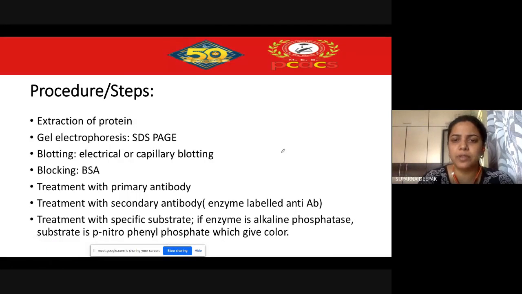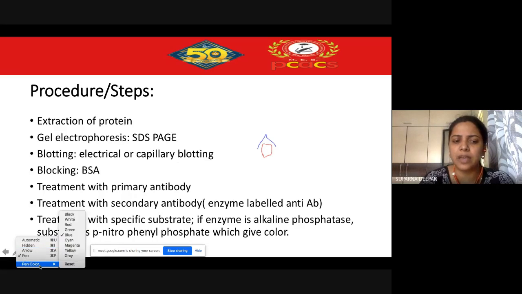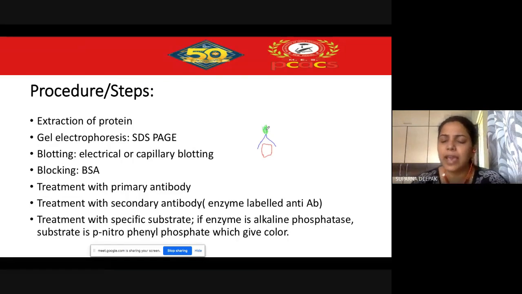For example, if you have this as a protein, I can have directly a primary antibody which can go and bind, and this primary antibody itself can be labeled by any fluorescent dye, or any labeling.